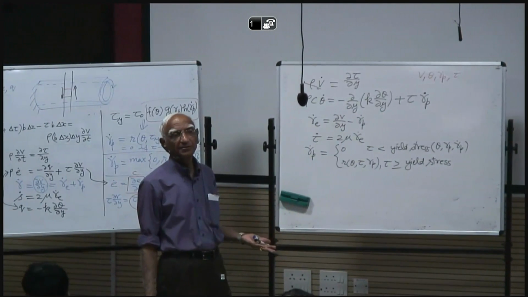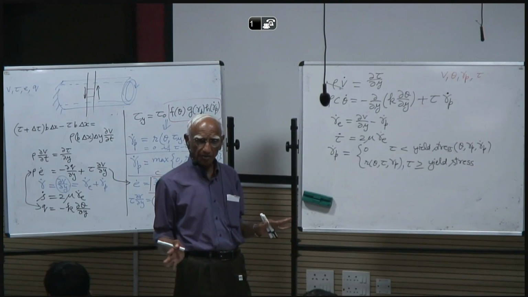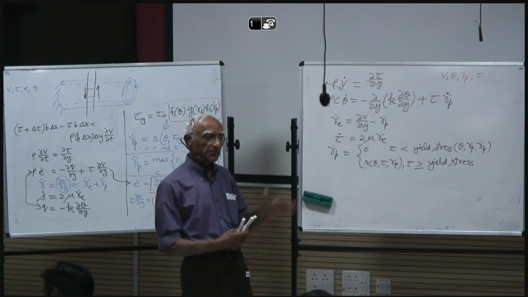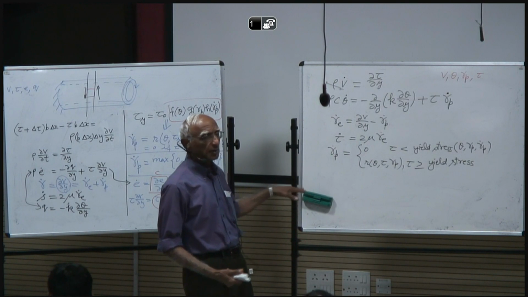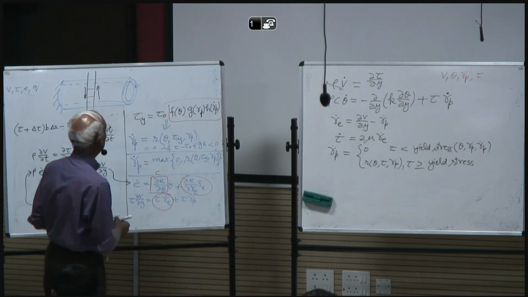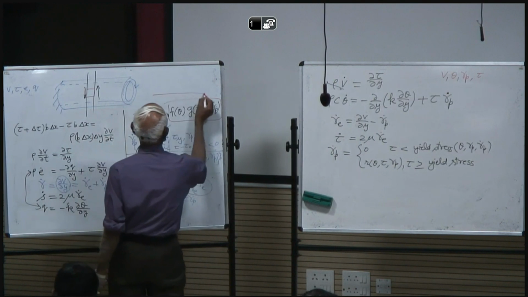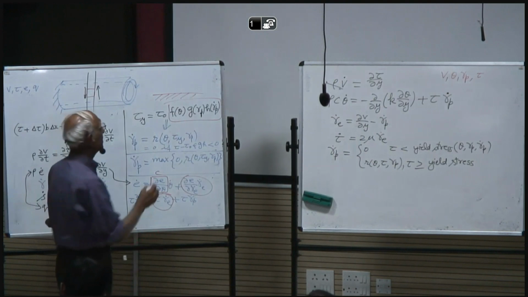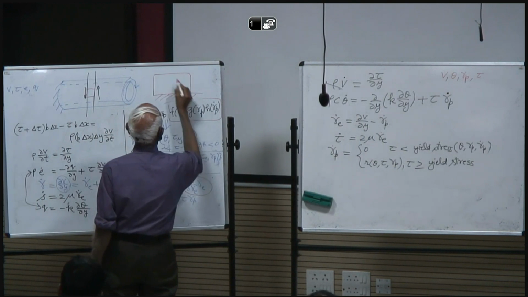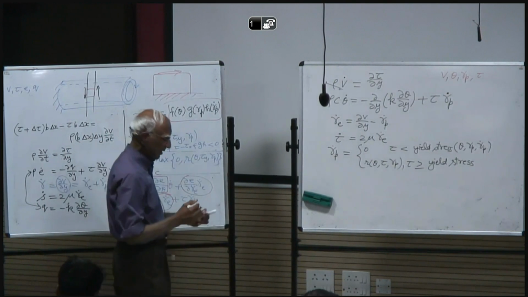Okay, so if you want to solve the problem numerically, the next step is to get a weak formulation of the problem. And that you know by now, right? So get a weak formulation of the problem, and you need initial and boundary conditions. At the lower surface, velocity is given, and at the top surface, you prescribe velocity as a function of time.